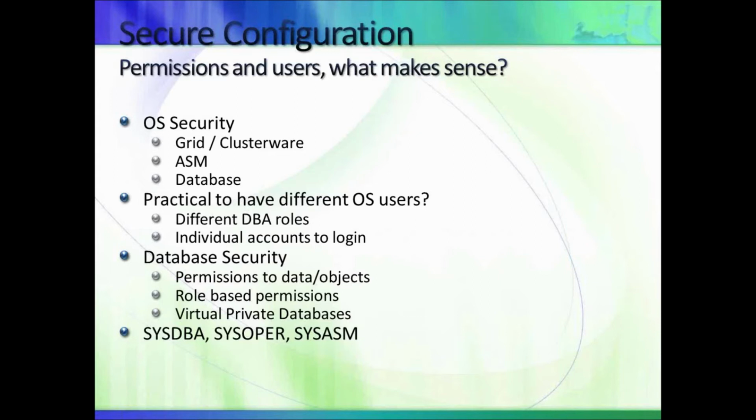And then you have the database security itself, which is the permissions to the different objects and the role-based permissions, and even virtual private databases, which I'll show you some scripts for later. But the role-based permissions are very important to add certain users and be able to grant objects by roles, and then you're almost monitoring just those roles for what has changed, and it makes it easier to administer all the different security options that you can select.